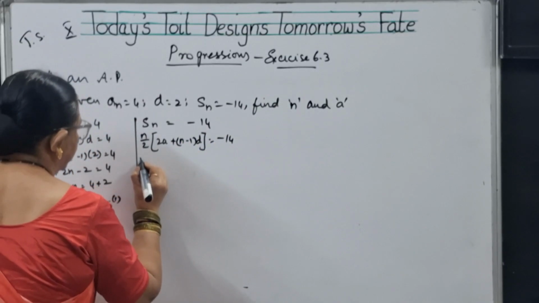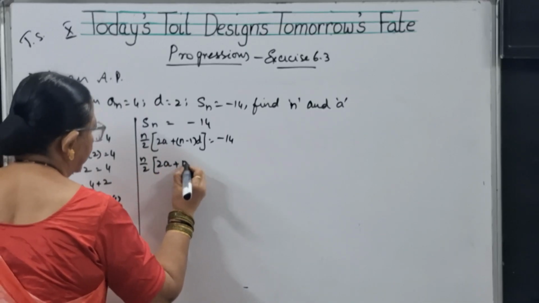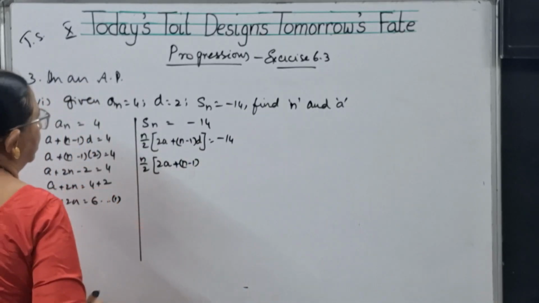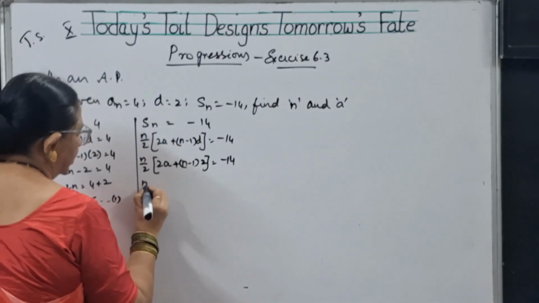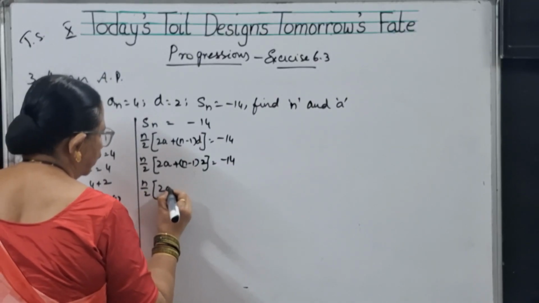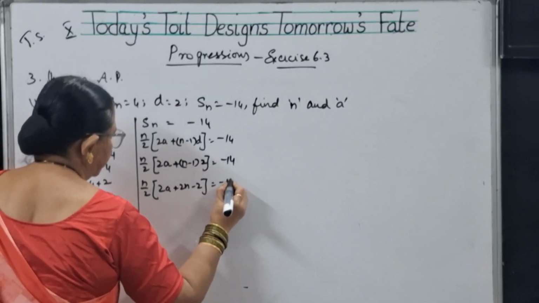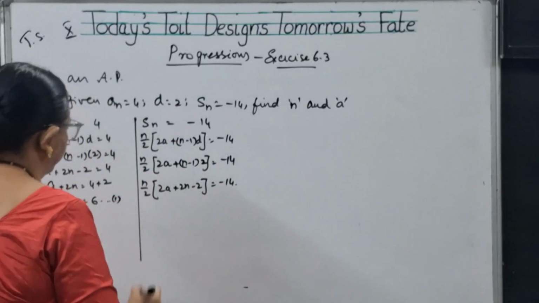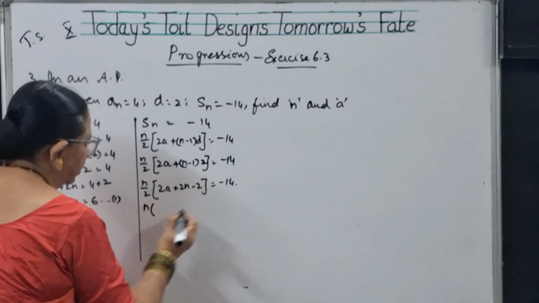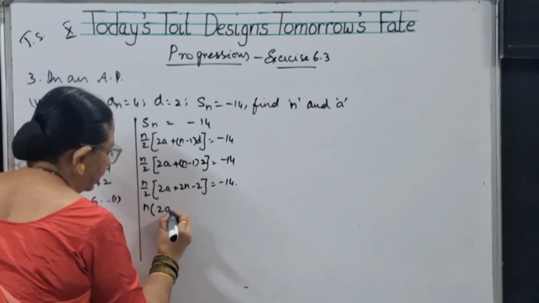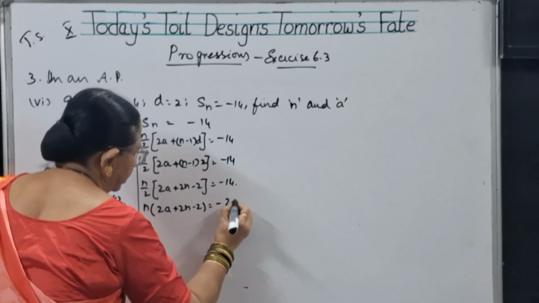That means n by 2 into 2a, we don't know a, plus n minus 1 into, we know only d value, that is 2, is equal to minus 14. That means n by 2 into 2a plus 2n minus 2 is equal to minus 14. So here children, when I send this n here, what am I getting? n into 2a plus 2n minus 2 is equal to minus 28.